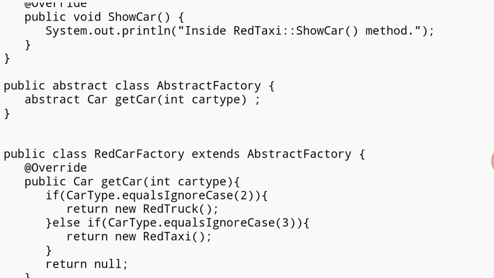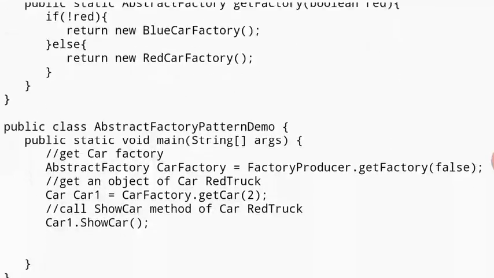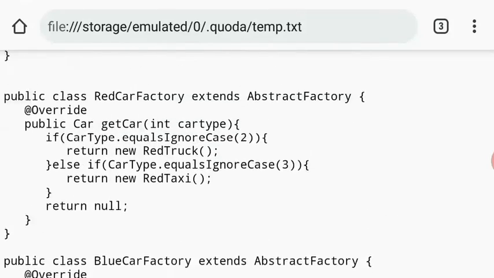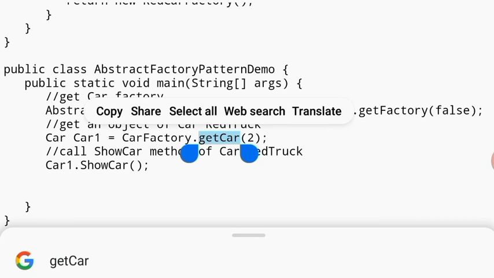After getting this object, I can call the getCar method, which will return the car object, and if I get the car object then I can call the showCar method, and showCar will print the string that we have defined there. So this is the implementation of the abstract factory design pattern.